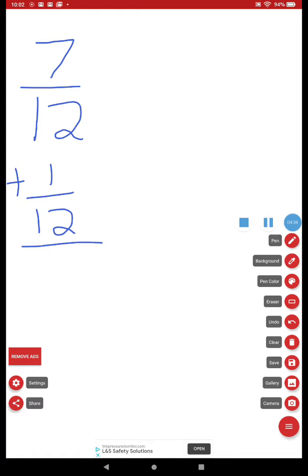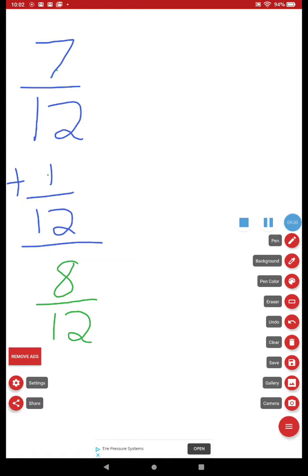Remember, whenever I add fractions, I'm going to keep that denominator the same. So let me change colors so you can see how I operate. I write the fraction bar, my denominator, what was it? It's 12, so it's going to stay 12. Now I just add my numerators. What's 7 plus 1? Well, 7 plus 1 is 8.